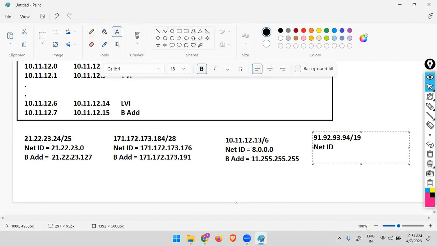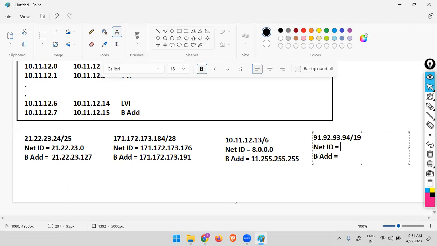Network ID, broadcast address. See, with the slash value, which is your interesting octet?